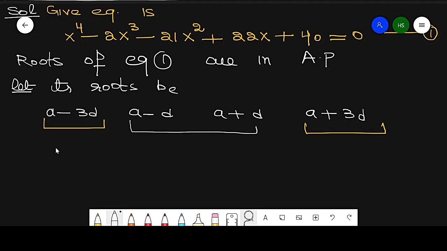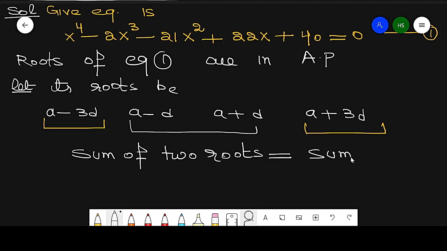So in the AP sequence, the sum of two roots is equal to the sum of the other two roots.